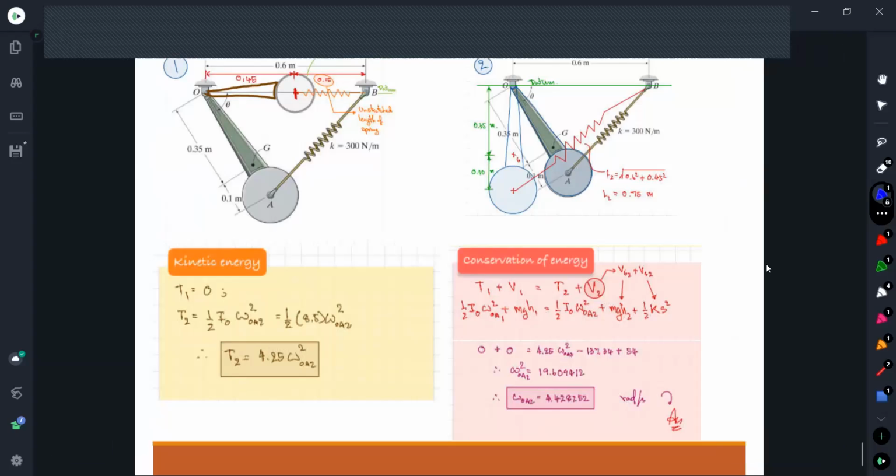We consider the kinetic energy at the first position: it is released from rest, so the kinetic energy is 0. At the final position, because it rotates about point O, it has kinetic energy due to the rotation only, equal to a half IO omega OA squared. We substitute into this equation and solve for omega OA, which is equal to 4.4 radian per second clockwise. That completes this problem.